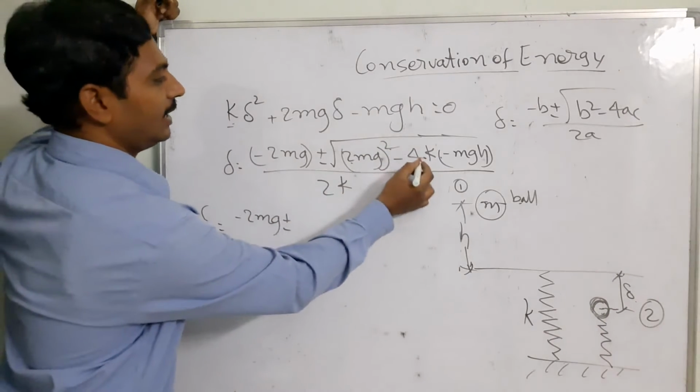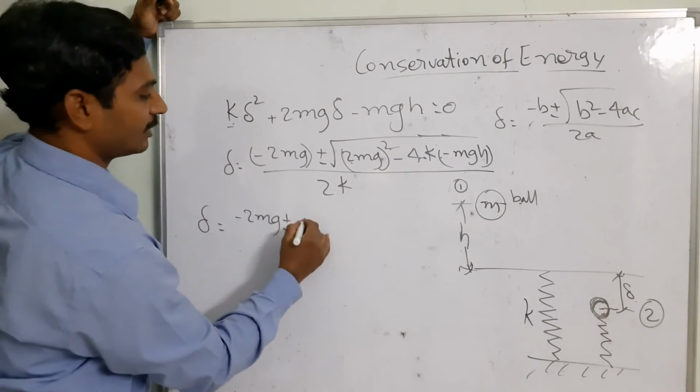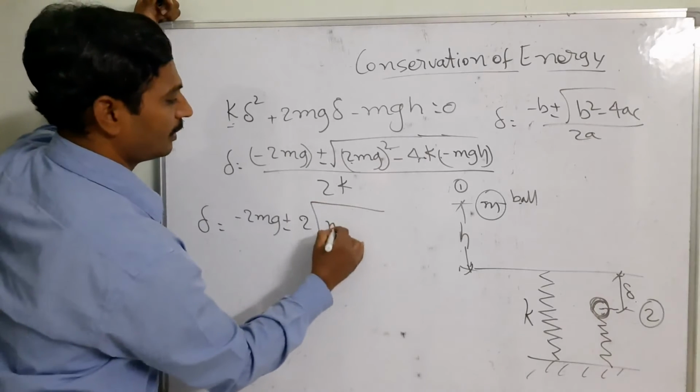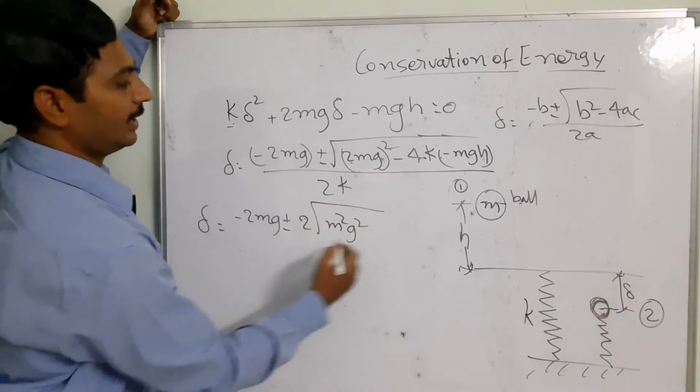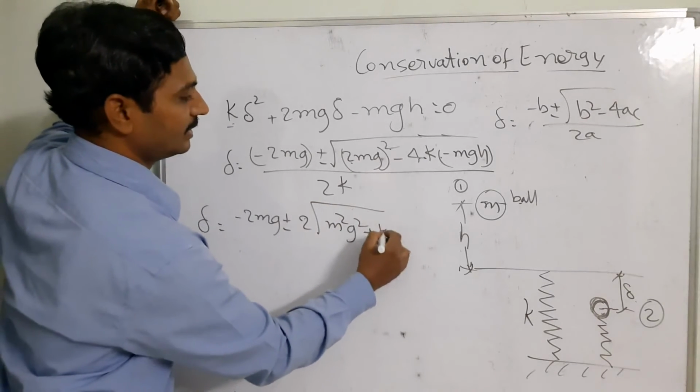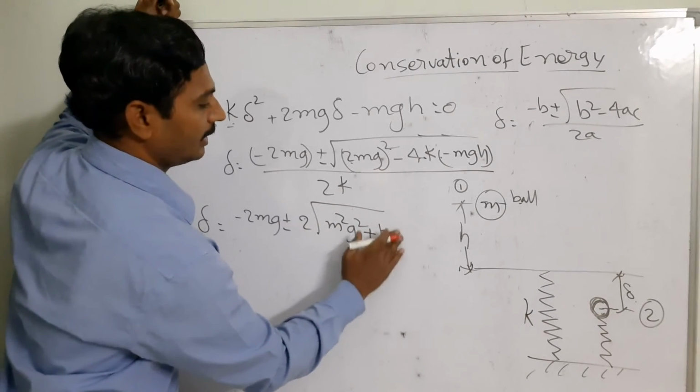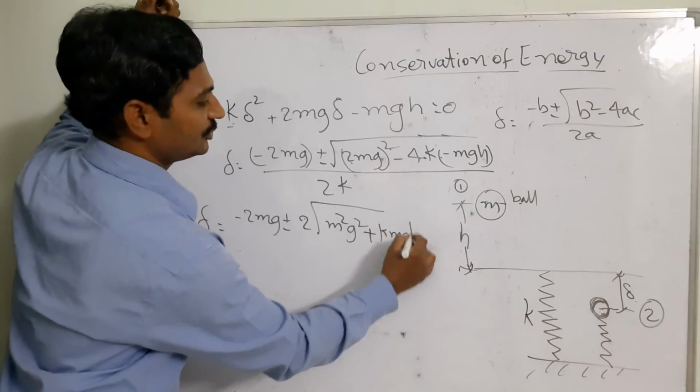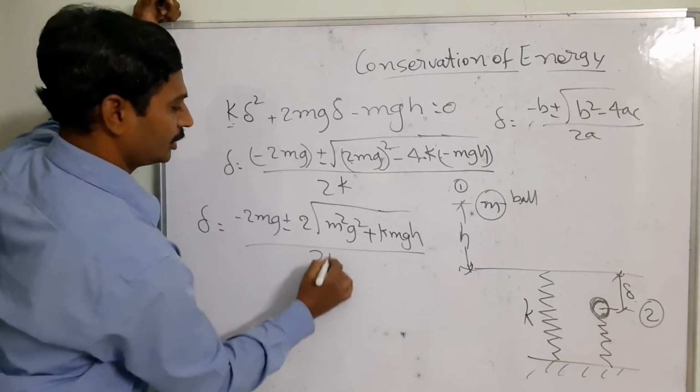Then I take the 2 outside, the square root of m square g square plus k mgh, divided by 2k.